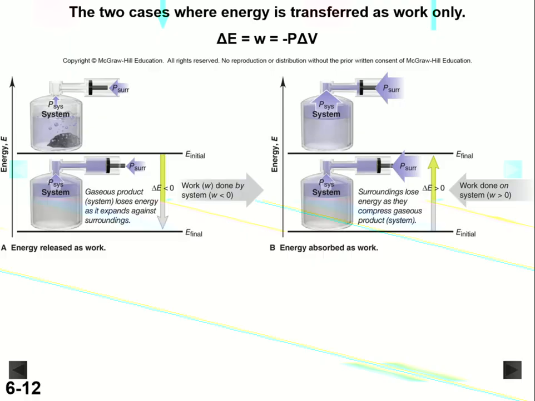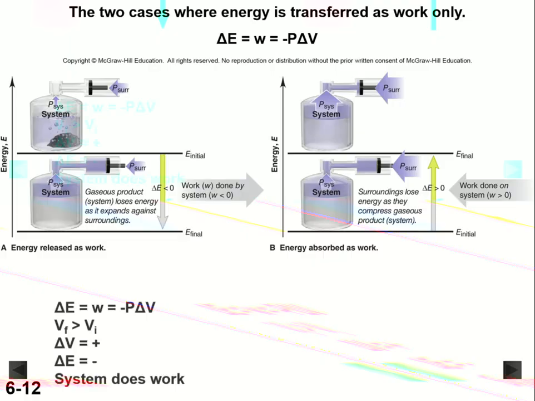And so as we absorb gas, then the atmosphere does work on the system. So our final state is greater than our initial state, so delta E now is positive. Therefore, W is positive.